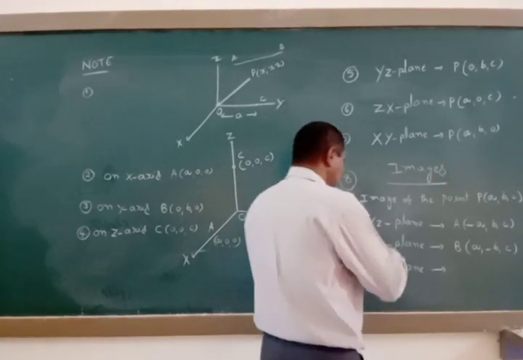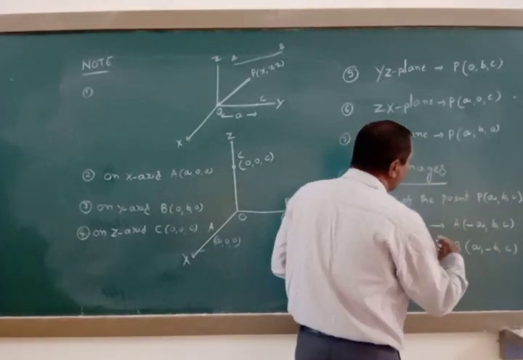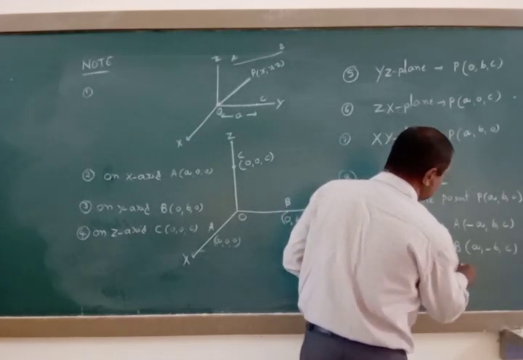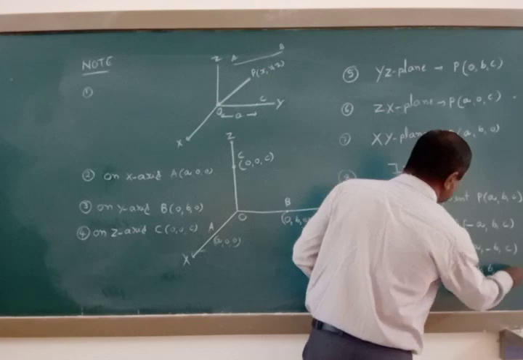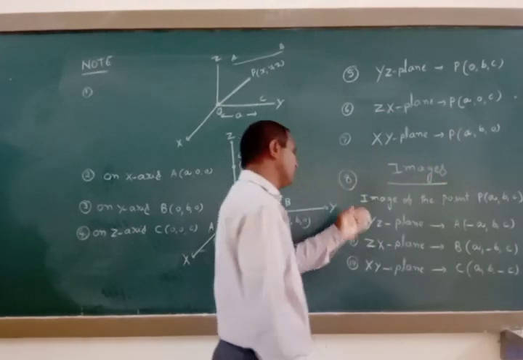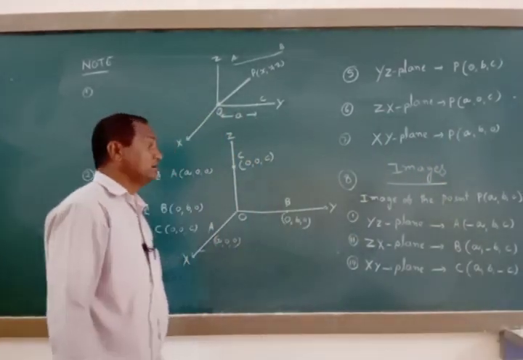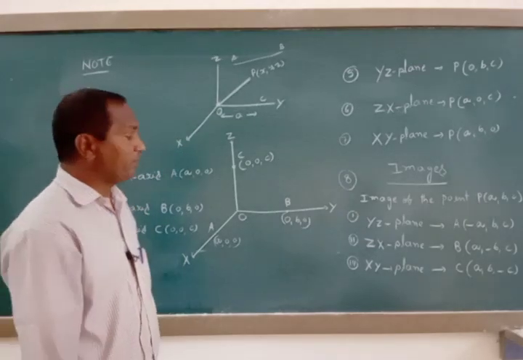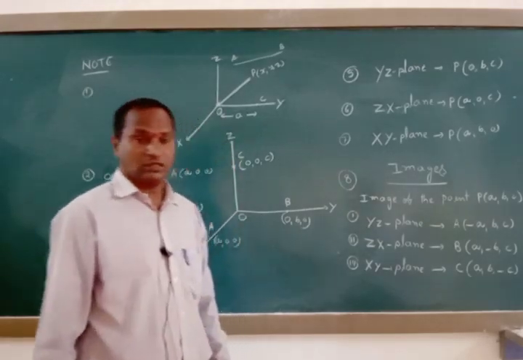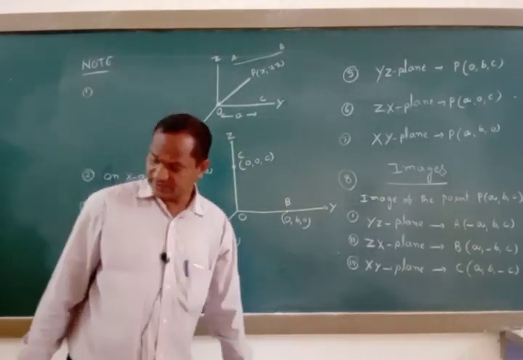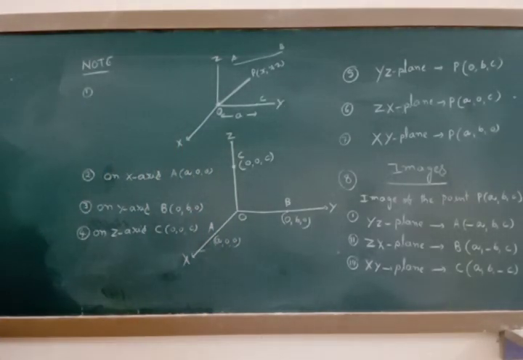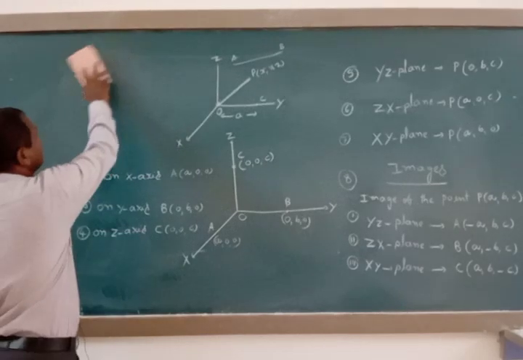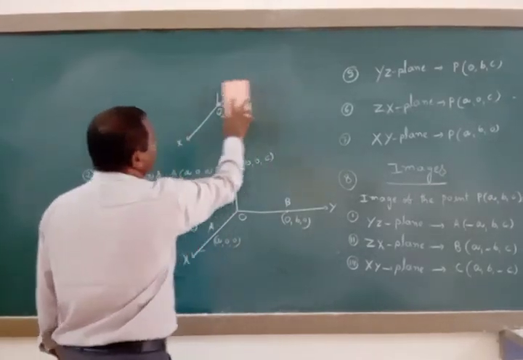So in the XY plane, the image of the point P(a, b, c) can be written as (a, b, -c). Like that, we are taking images of the given point according to the given planes. Let us discuss which types of questions they will ask in case of planes and images.